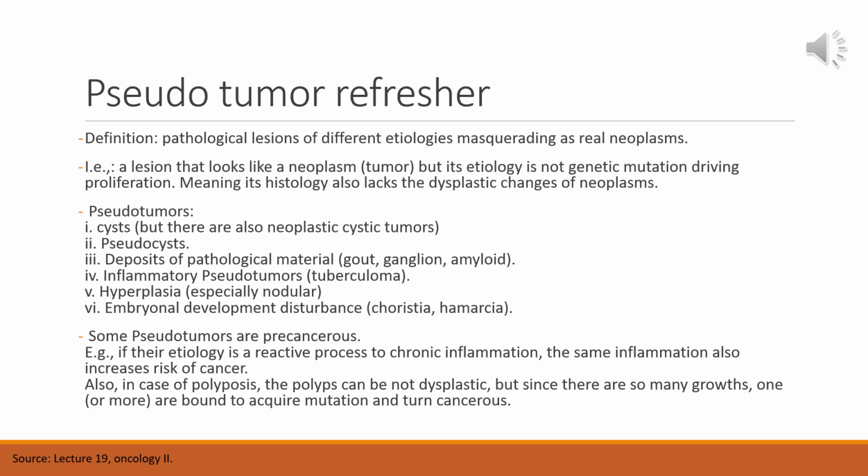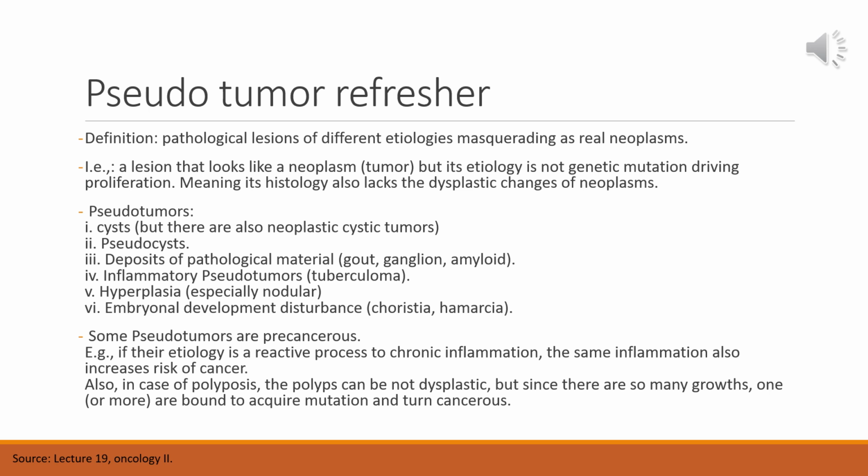Which pseudotumors can we discuss? Cysts, pseudocysts, deposits of pathological material, inflammatory pseudotumors, hyperplastic tissues, and embryonal developmental disturbances. We should keep in mind that some pseudotumors are precancerous, either inherently or just by sheer association.